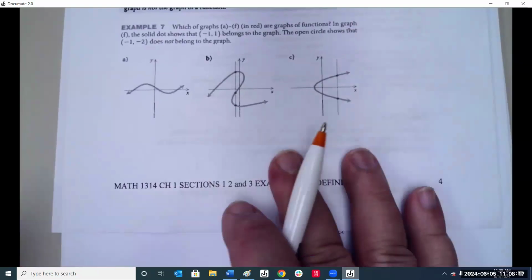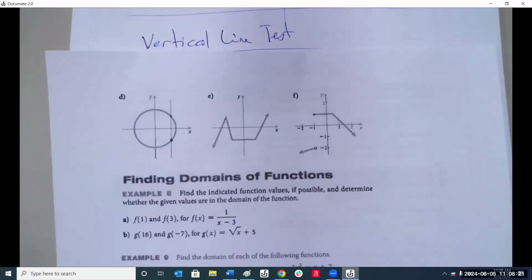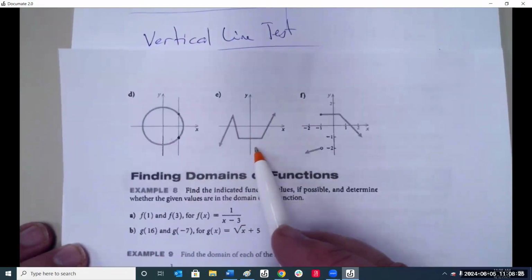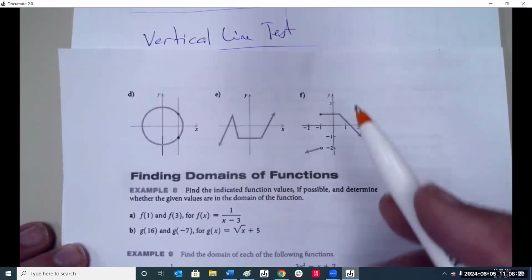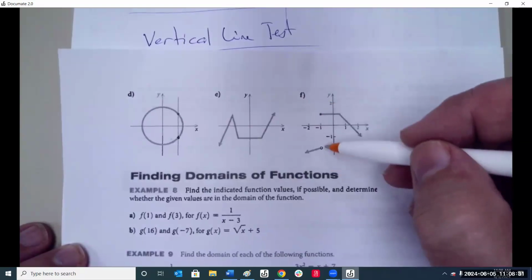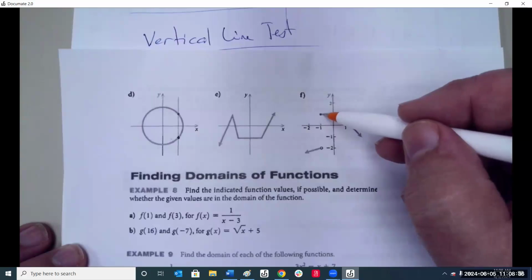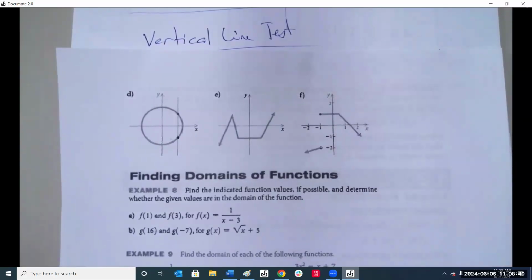No. Is this one a function? Yeah. Is this one a function? Yes, because if I draw a line here, I cannot use that one, I can use that one. That's what the open circle and closed circle mean. So this one is a function. Not continuous, but it is a function.